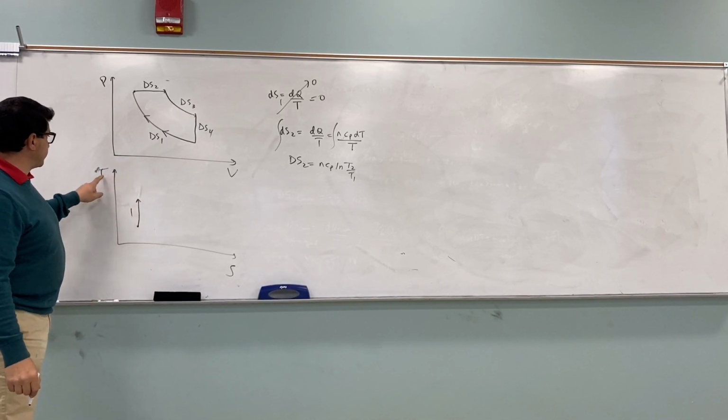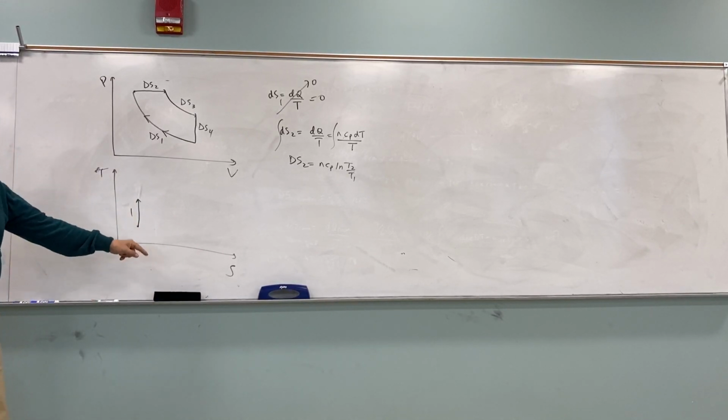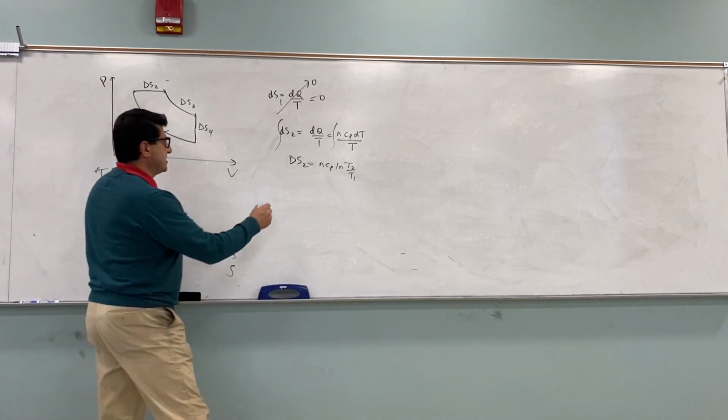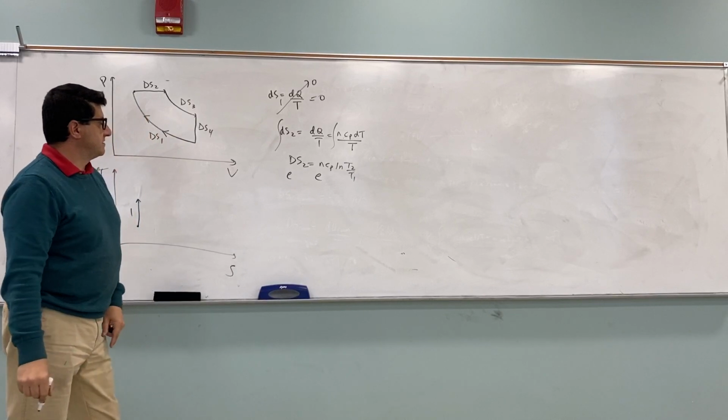Now, if I wanted to graph the temperature versus the entropy of that state, how would that look? The T versus S graph of the second stage. Raise both sides to the power e, right?